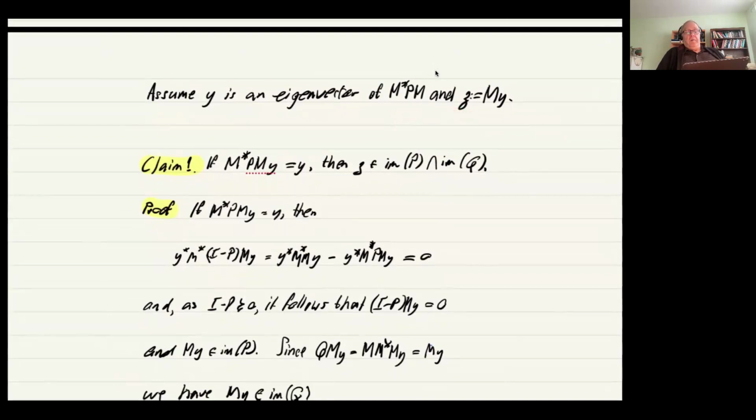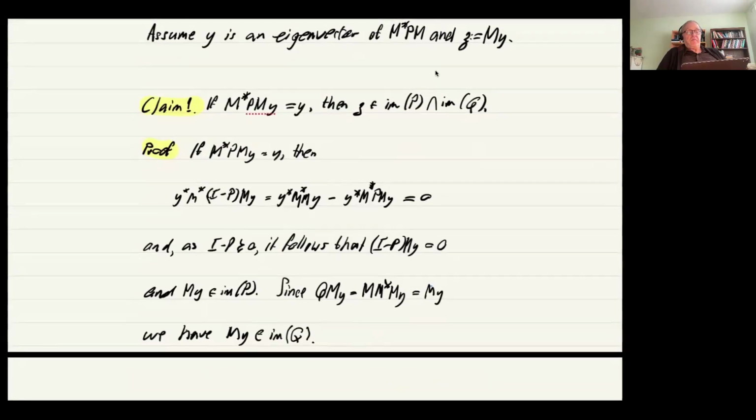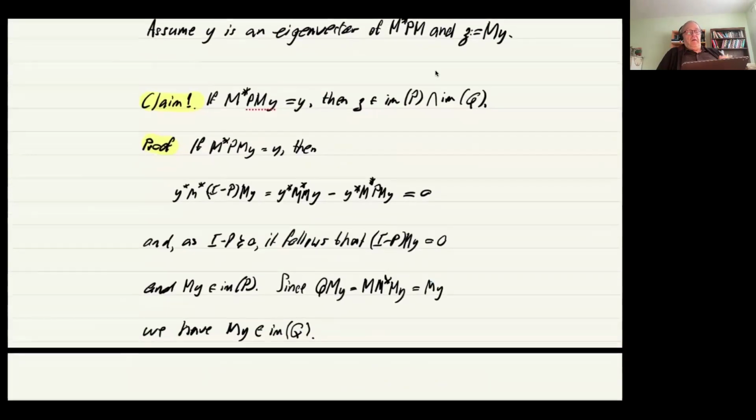Now the number of columns of M is the rank of Q, so z is longer than y. And so I'm going to break it up into a number of claims. The first thing is, I know that the eigenvalues lie between 0 and 1.